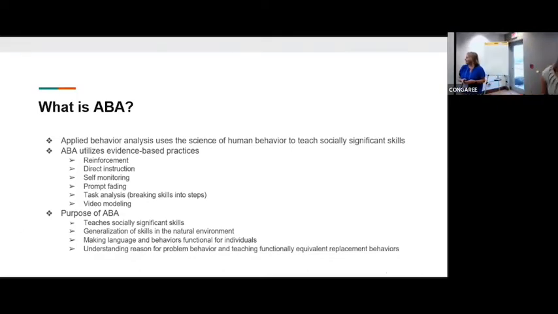We want to make sure it's purposeful and that they can use it when they need to use it in real life. We want to make language and behaviors functional for our learners. So making sure that everyone has the most independence that they can have and that they can be successful. And we do spend a lot of time understanding the reason for problem behavior and teaching functionally equivalent skills.